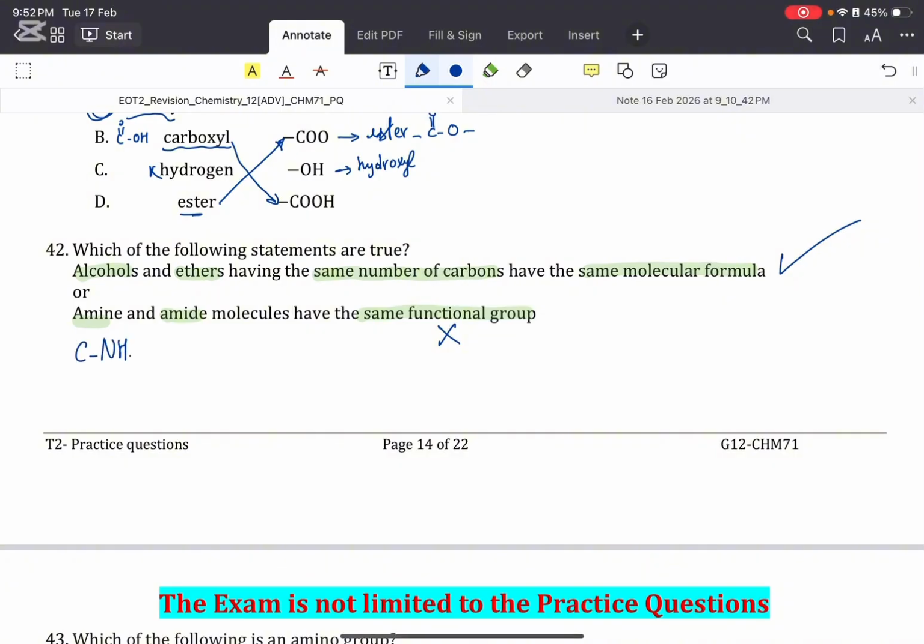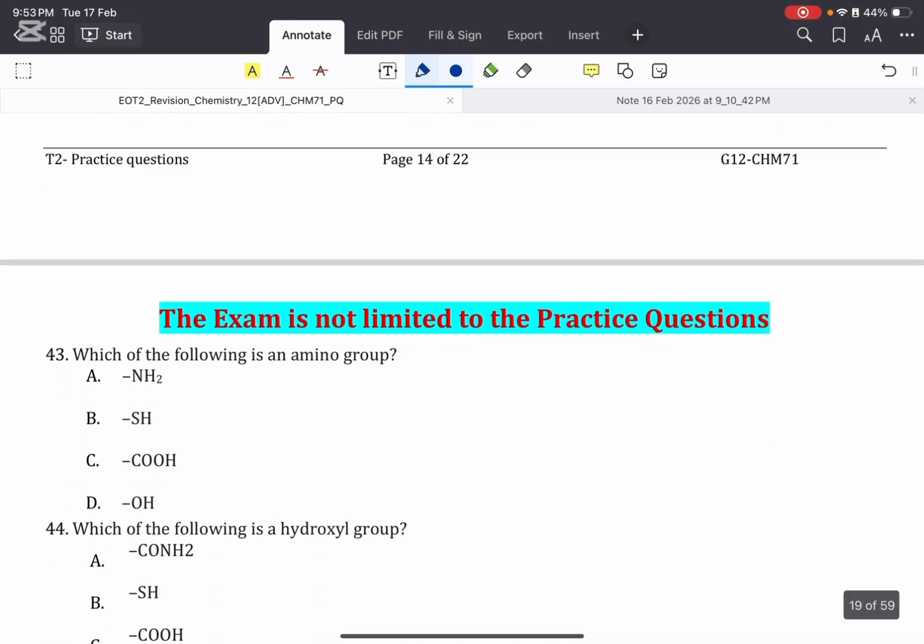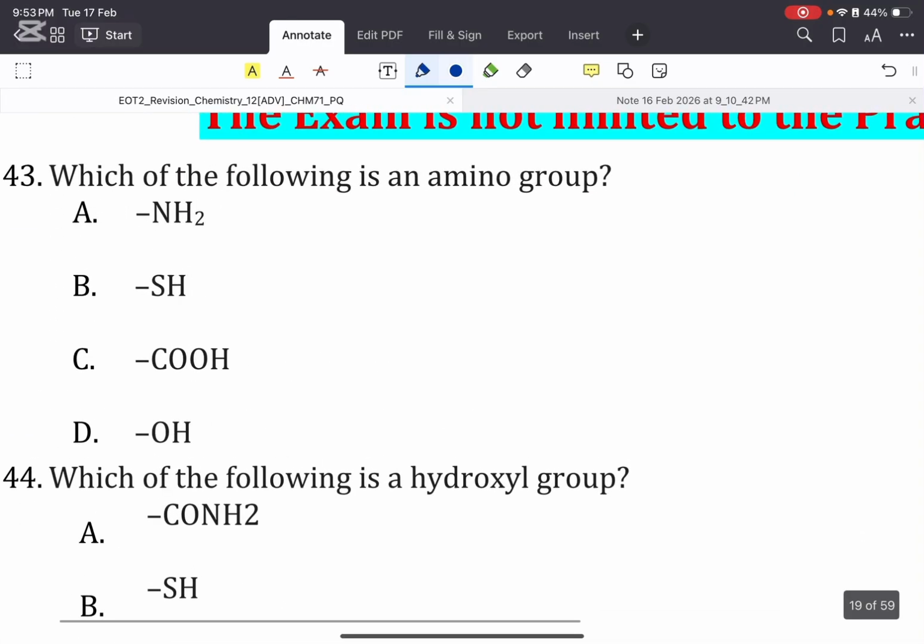Amine, I have a nitrogen atom bonded to the carbon chain, whereas amide I have a carbonyl and a nitrogen atom. So that's the amide and that is the amine. They are both different.